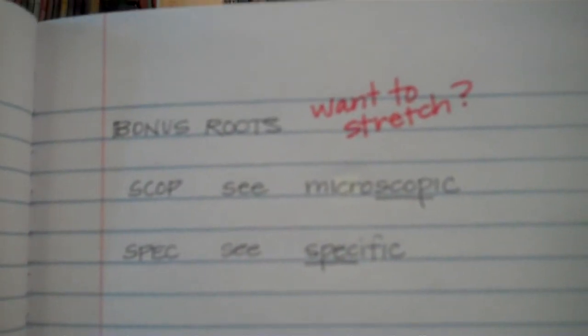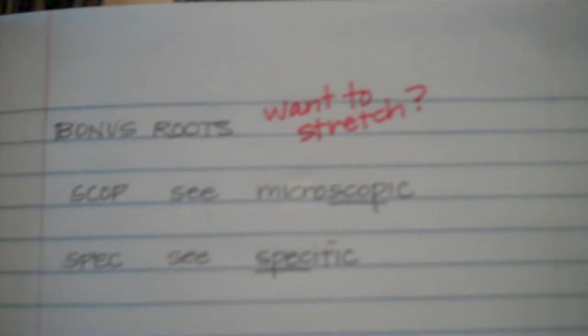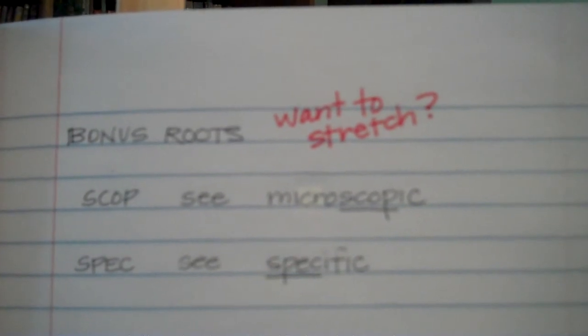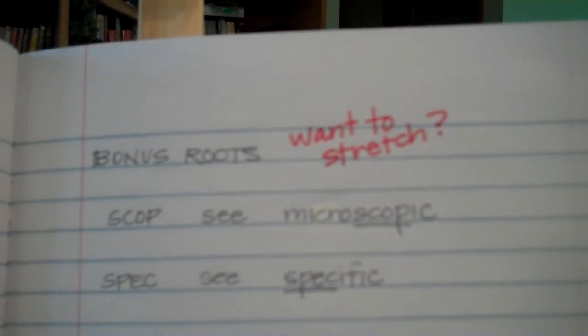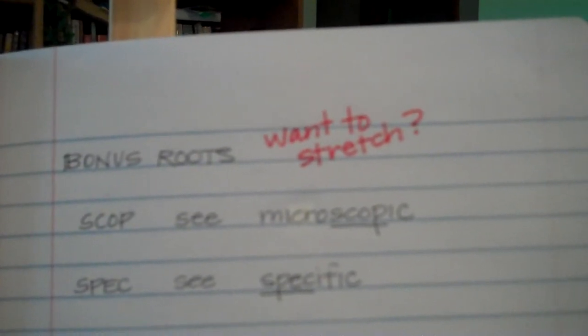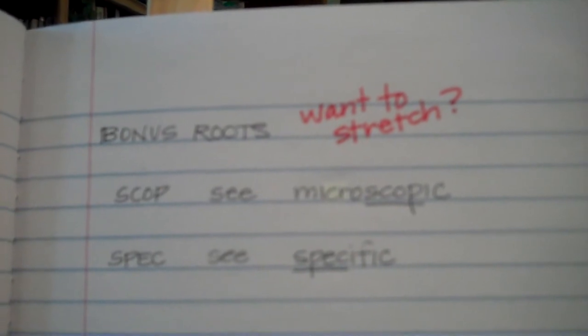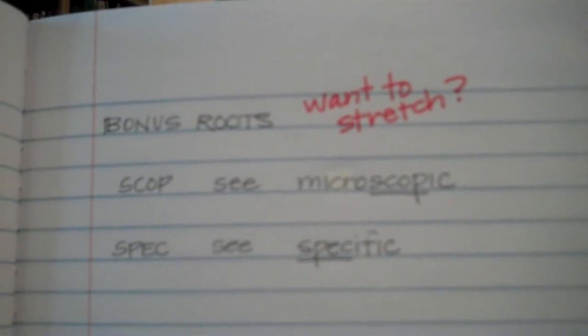Both of them are root words that also mean see. Then see if you can find any words that use these two bases, like microscope or microscopic. And for spec, specific. See if you can explain how these roots help us understand the meaning of the word.